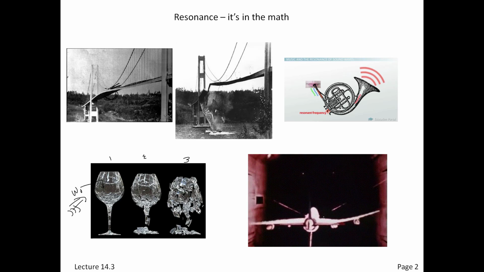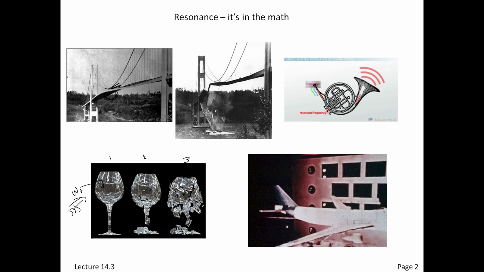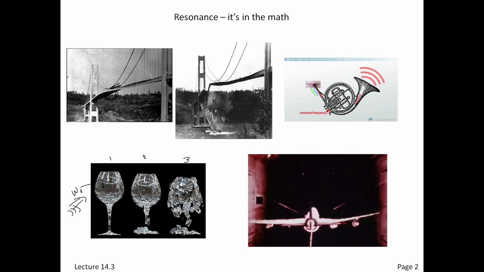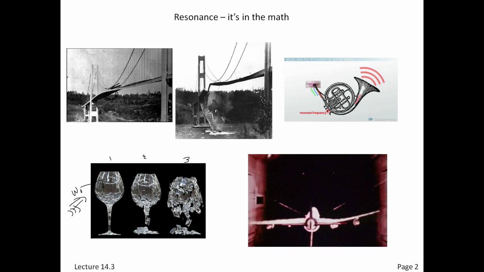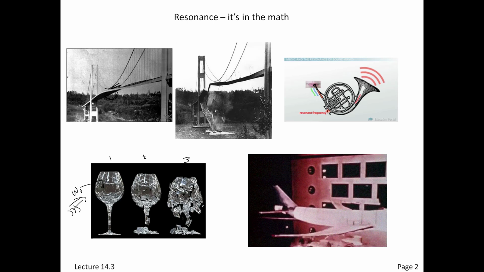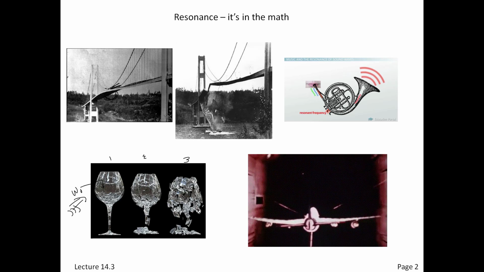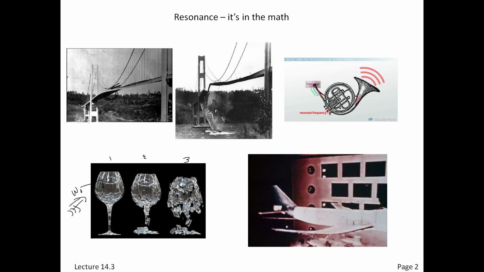In fact, you probably don't believe this really happens in airplanes. But it does. And as you can see, in this model, the planes can survive it. They might not survive it. This is pretty extreme. But it's a whole airplane experiencing resonance.